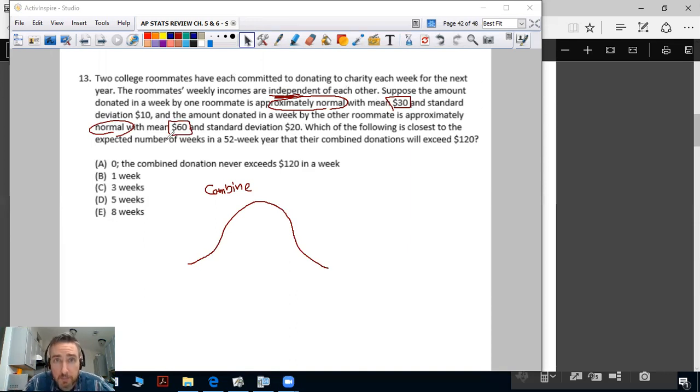And we're simply going to combine their donations. So the combined mean, we'll just say x plus y, is going to be 30 plus 60. So it's going to be centered around $90. All right, their combined donations on average is around $90.